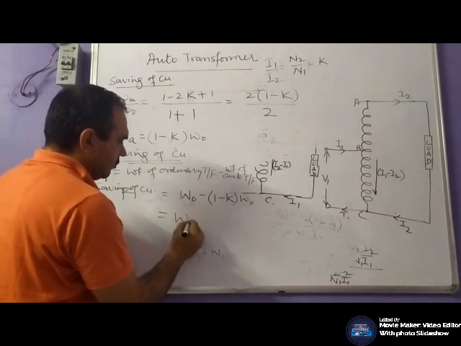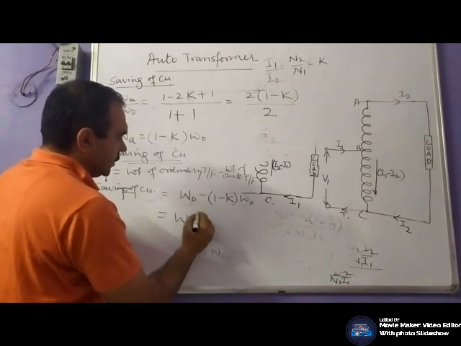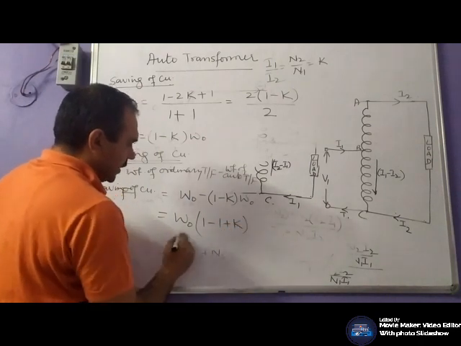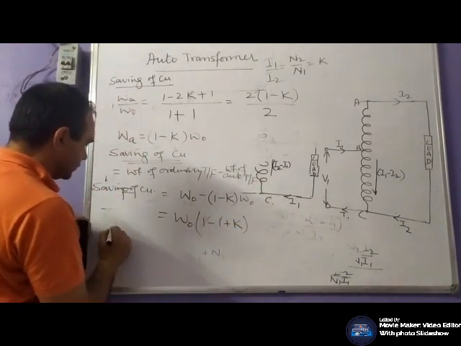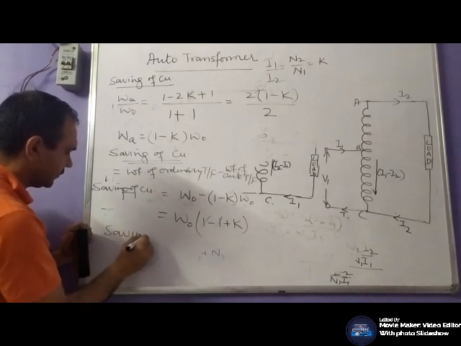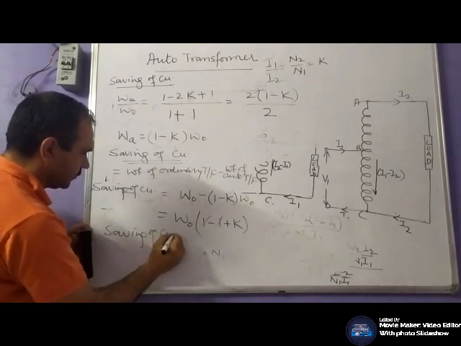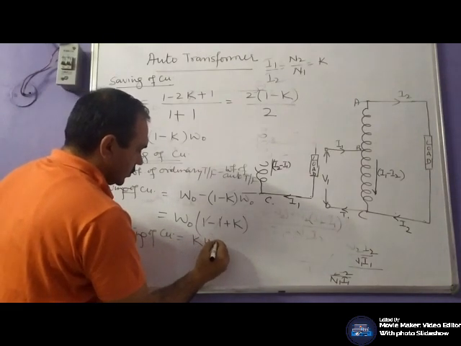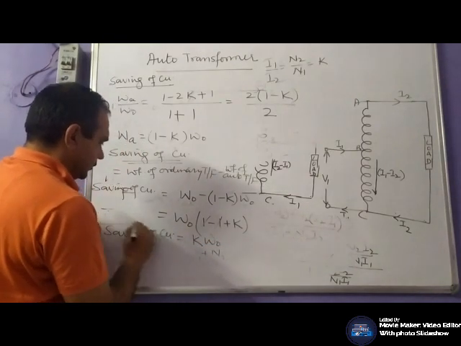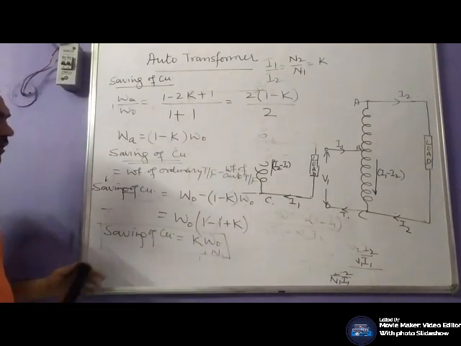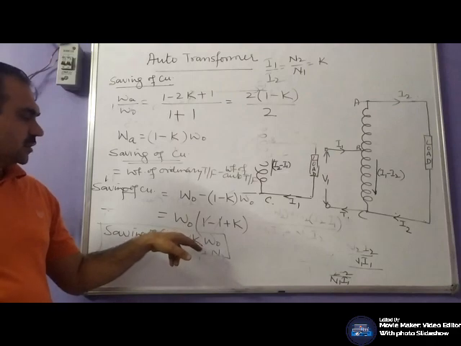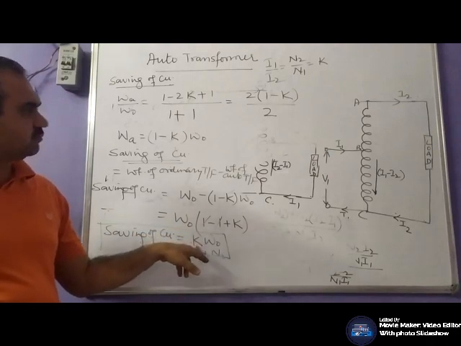The 1s cancel. So the saving of copper will be equal to K times the weight of the ordinary transformer.